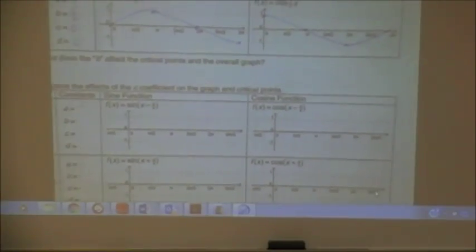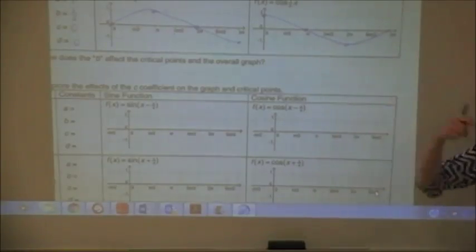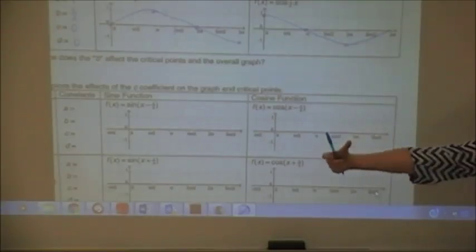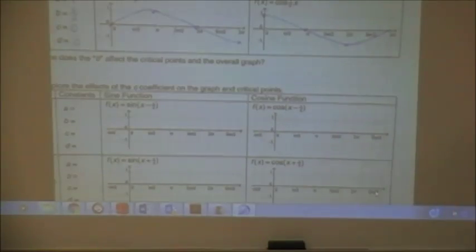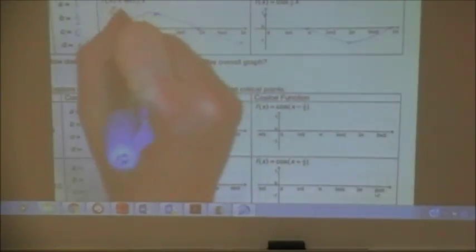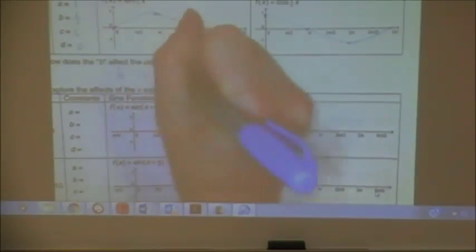And if you look at it, that makes sense to what we said yesterday. If the b value is less than 1, then it's a stretch. And that's what's happened, these curves have been stretched out. So b is a horizontal stretch or compression.